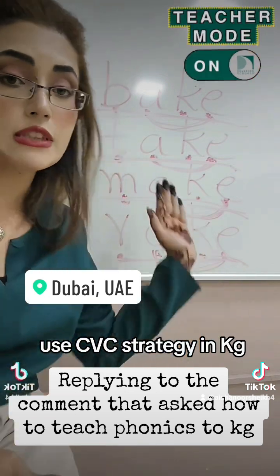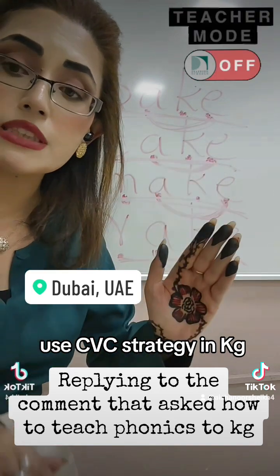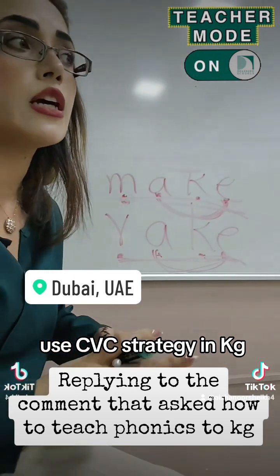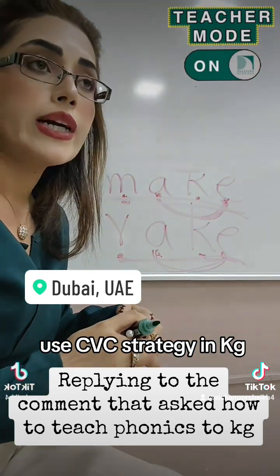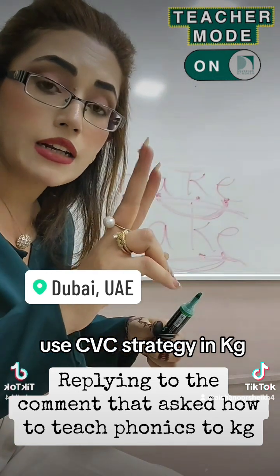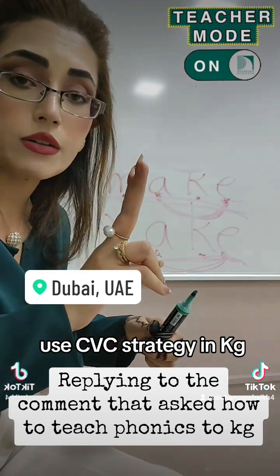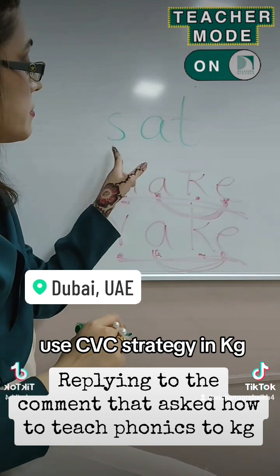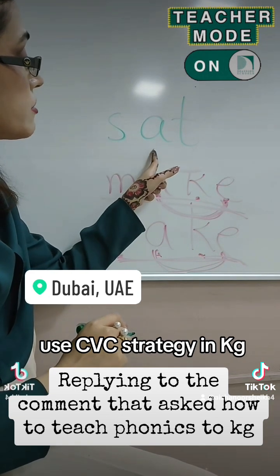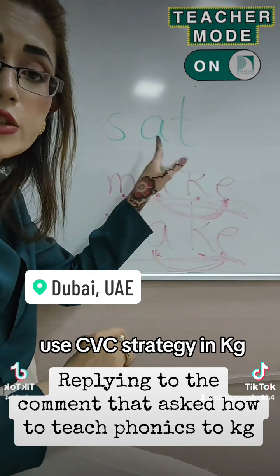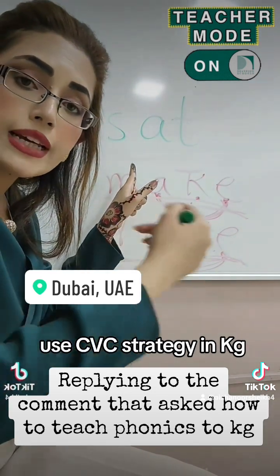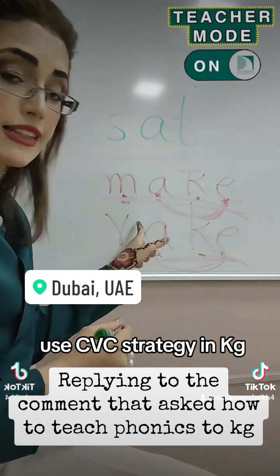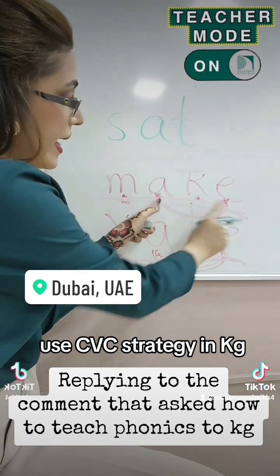So we don't confuse them with words like this, but we give them CVC words. With kids who come to school for the first time, we need to use words where the letters are not joining together. Every letter has a different sound. For example, C, V, C: C because it's a consonant, V because this one is a vowel, and C because this one is a consonant. So we use these words with the kids who are entering school for the first time, because if you used something like this with them, they would be confused about A and E.